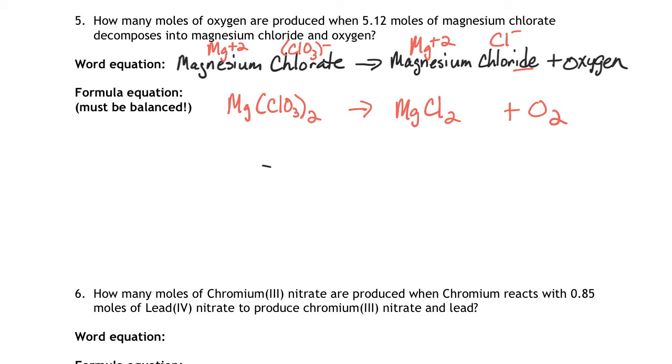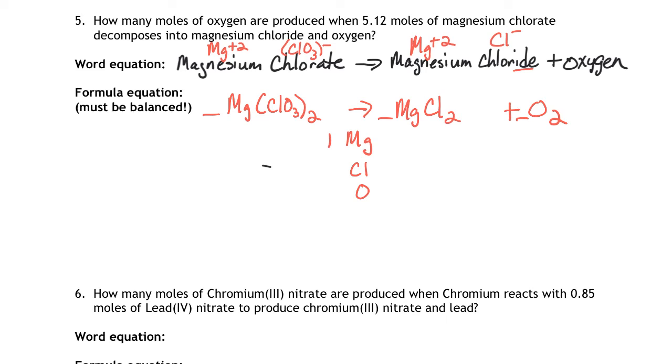And now I'm ready to balance the chemical reaction. I'll put some space there to put my numbers in. And I'm ready to go. So I've got magnesium. Now I'm looking at the chlorate. I don't have a chlorate ion on the other side, so I'm going to break this chlorate apart and just do chlorine and oxygen because I really don't have the polyatomic ion on the other side.